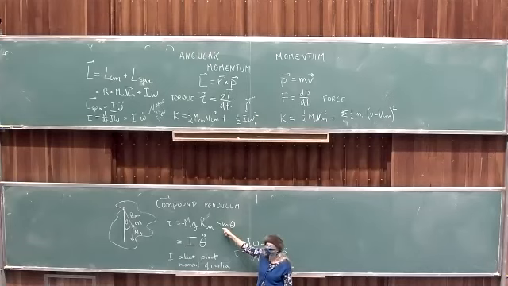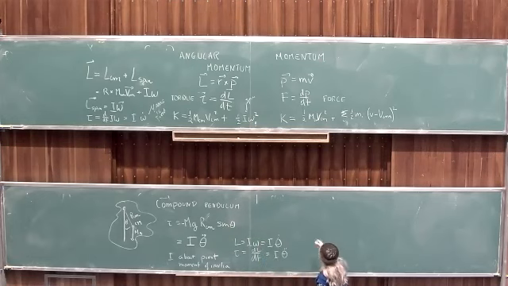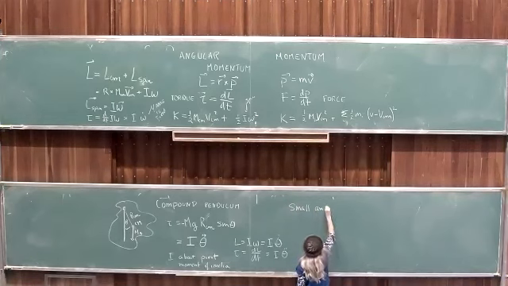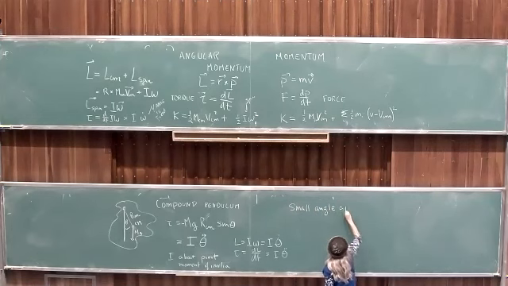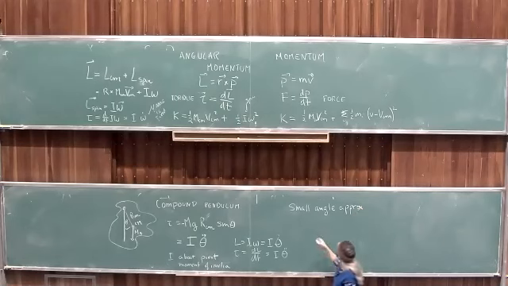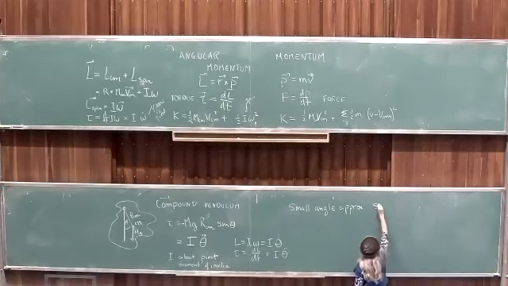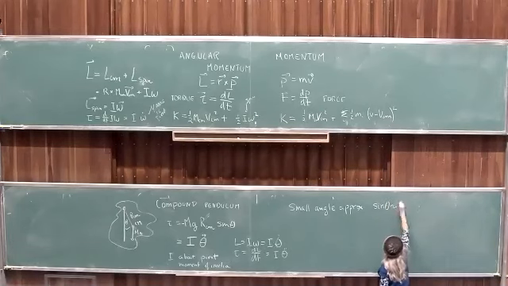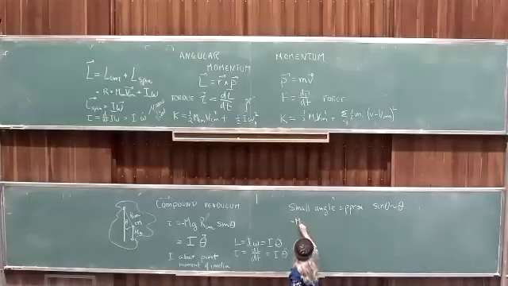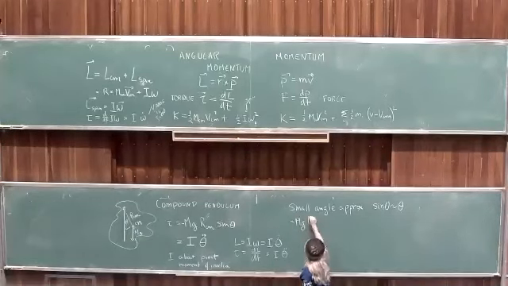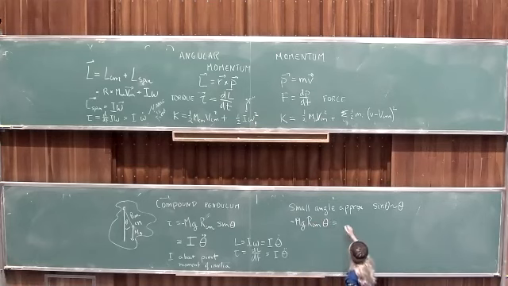So we're going to take a small angle approximation, just like we did for the pendulum. So that means we have minus mg r center mass theta is equal to I theta double dot.